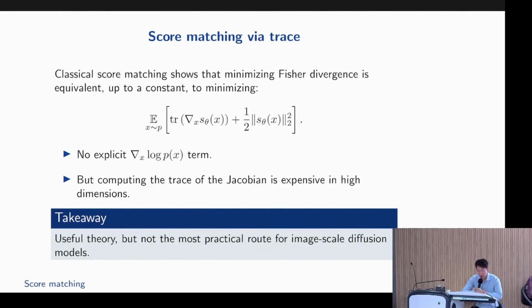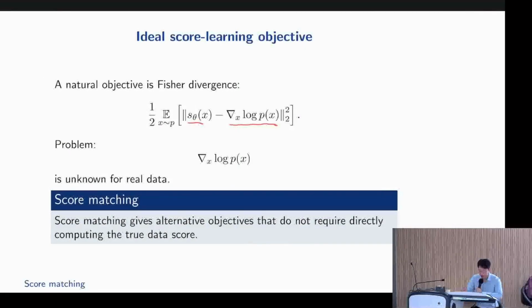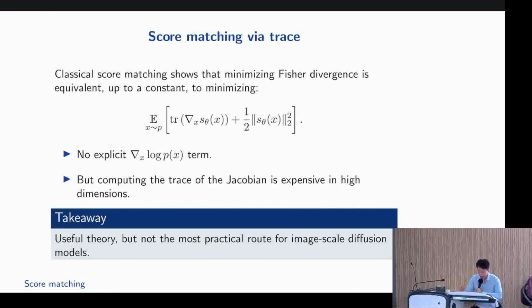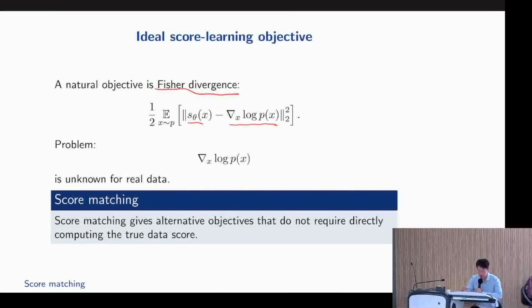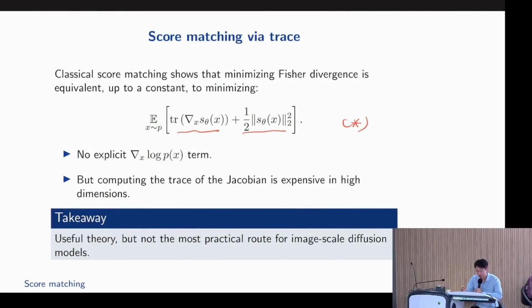So it can be shown that minimizing the Fisher divergence here is equivalent, up to a constant, to minimizing the trace of the gradient of the score network plus 1/2 of the squared norm of the score network. So minimizing this objective here is the same as minimizing this guy up to a constant. Let's call it double star. So what's nice about this is there's no true score function inside. This is learnable.